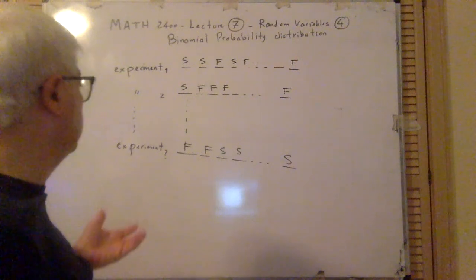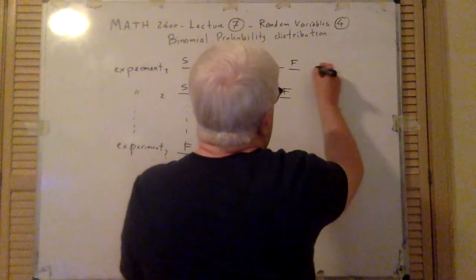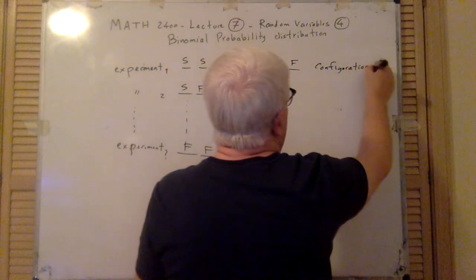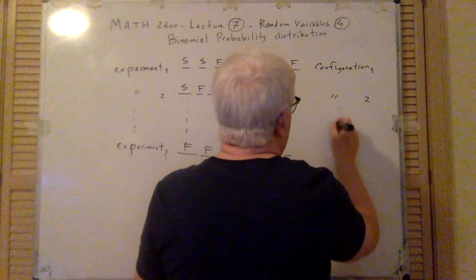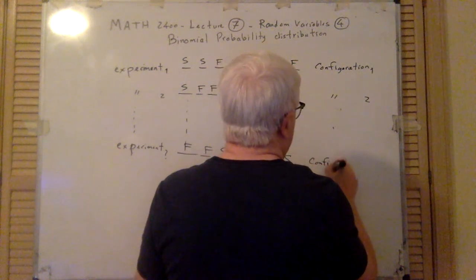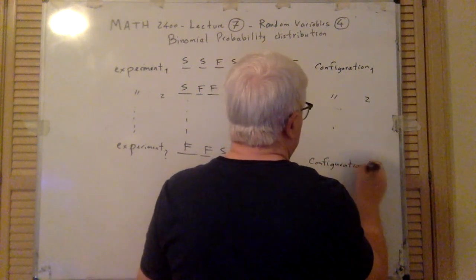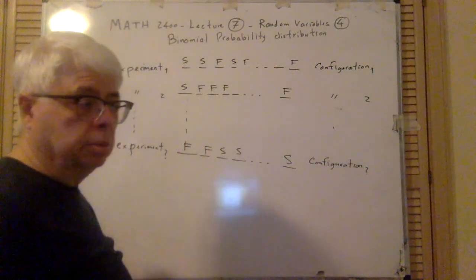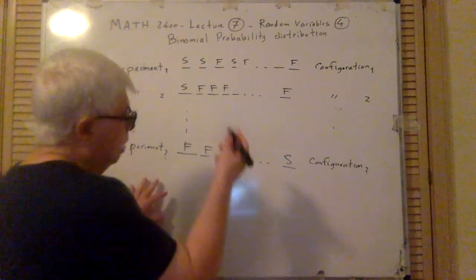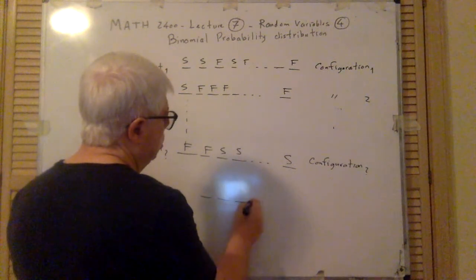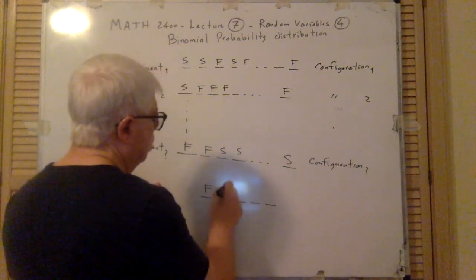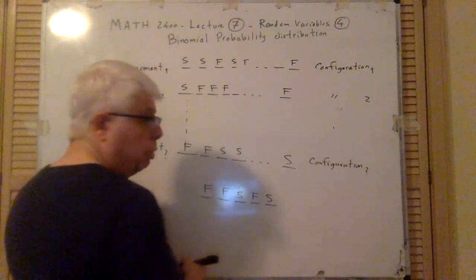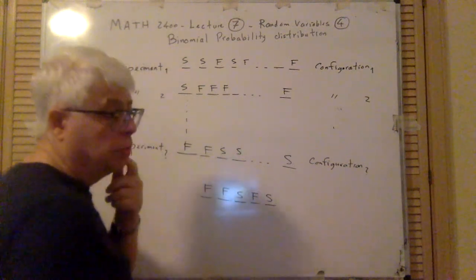So I should have said configuration 1, configuration 2, and configuration, who knows how many. Configuration means this can happen many times, the same configuration. If I'm doing it 5 times, 1, 2, 3, 4, 5, it might happen many times, but this is one configuration.